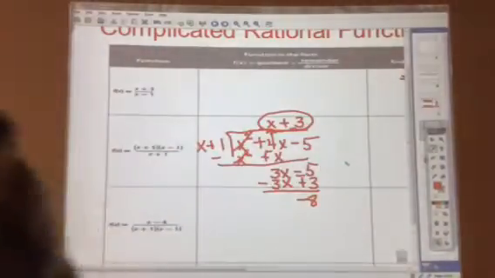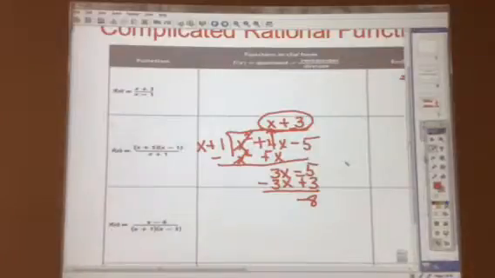So how would I write this in standard form? As quotient plus remainder over dividend.